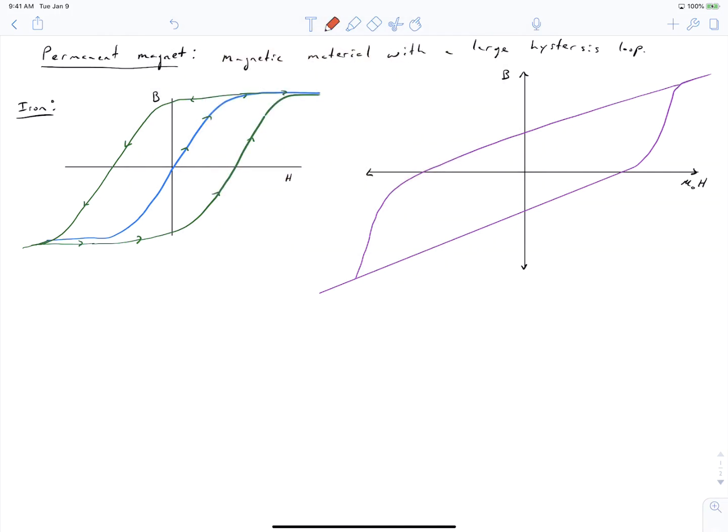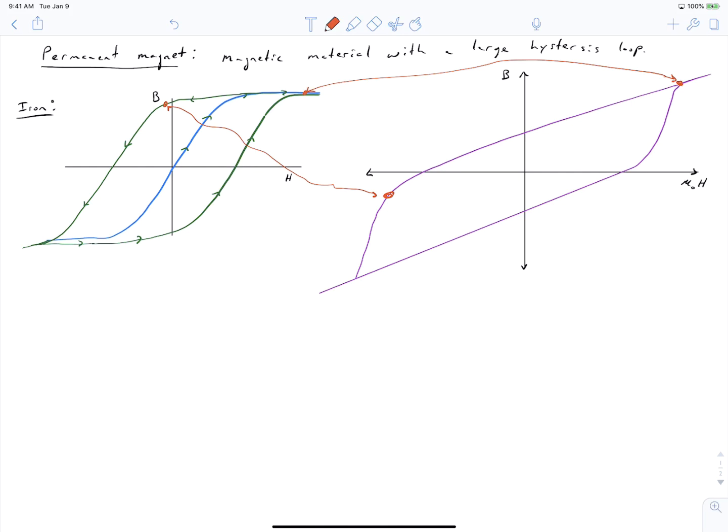Where we can relate this back to our original iron diagram by noting that this point right here, where we sit kind of on a knee, corresponds to this point over here. We again have a knee. And way out here, deep in saturation, corresponds to something out here.